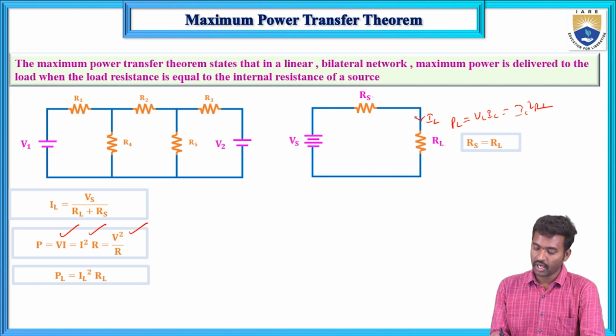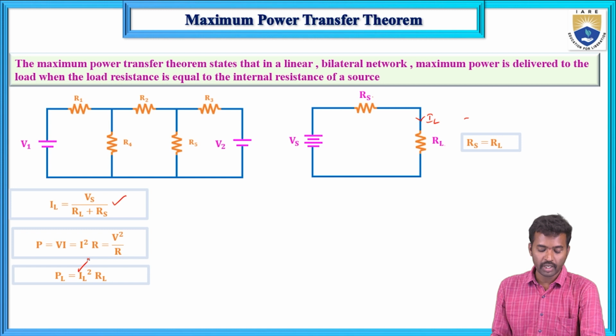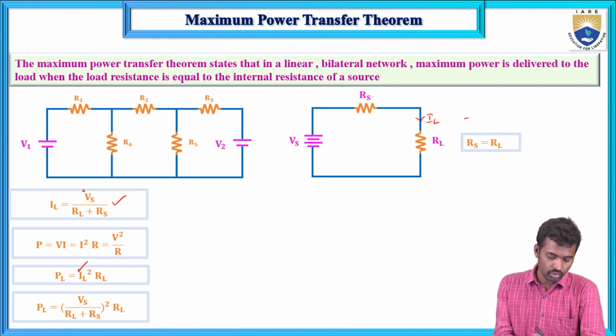Now substitute IL here. So PL, the power delivered, equals Vs square divided by (RL plus Rs) whole square, into RL. This is IL.